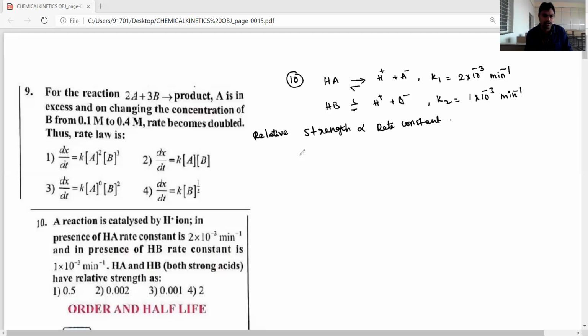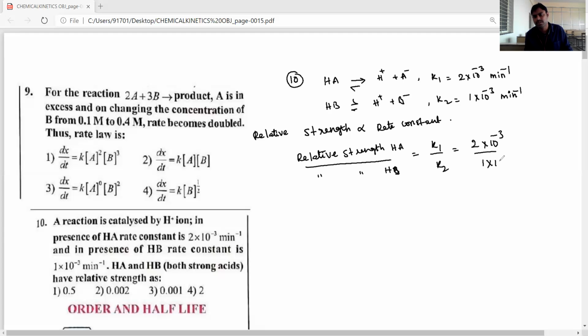So the relative strength of HA by the relative strength of HB is equal to K1 by K2, which is 2 into 10 to the power of minus 3 by 1 into 10 to the power of minus 3, which is equal to 2. So the answer is 2.